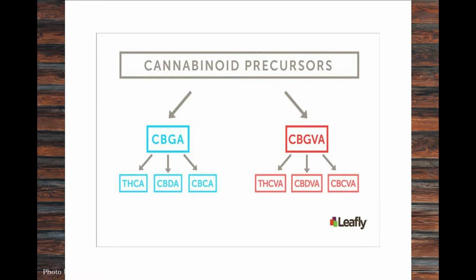Cannabinoid precursors are CBGA and CBGVA. These compounds help to create THCA, CBDA, CBCA, THCVA, CBDVA, and CBCVA. THCA and CBDA are usually the most abundant cannabinoids in the strain.